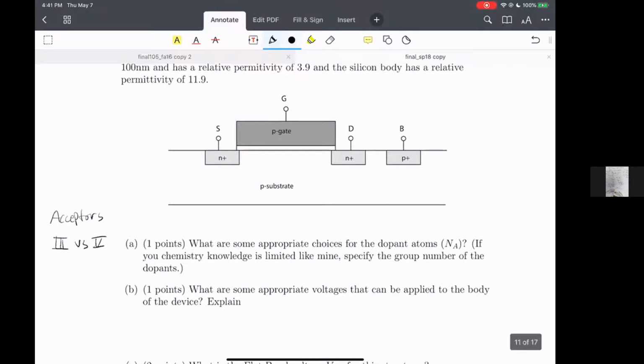If you're like me and you didn't remember which ones are the acceptors, I use the number 3, and you want 4, so then it's lacking 1. So this is how I figure out that this is an acceptor, and so you want a group 3 element.